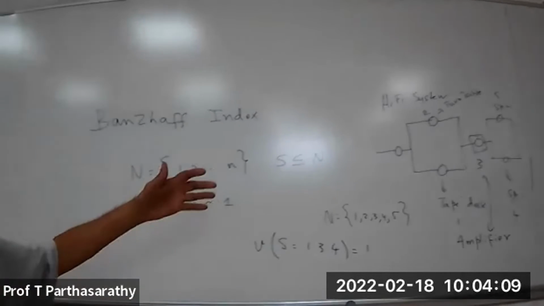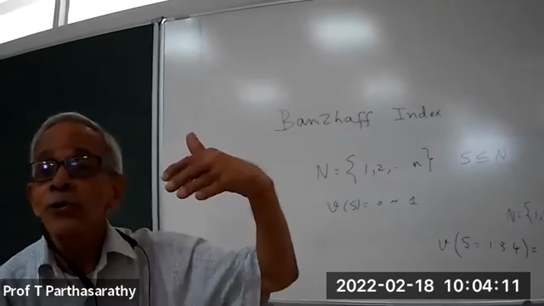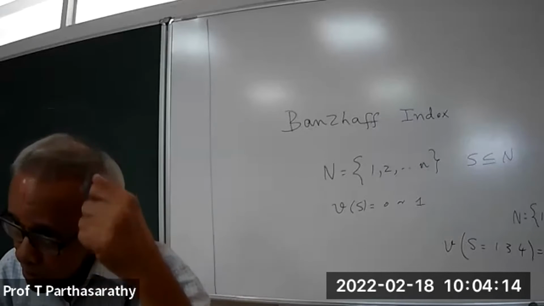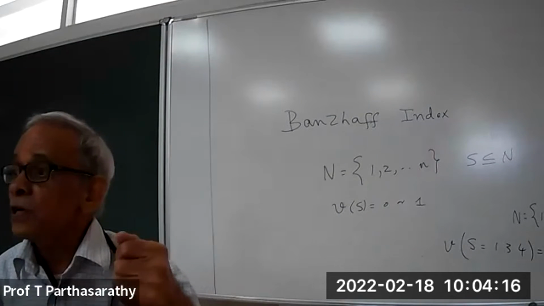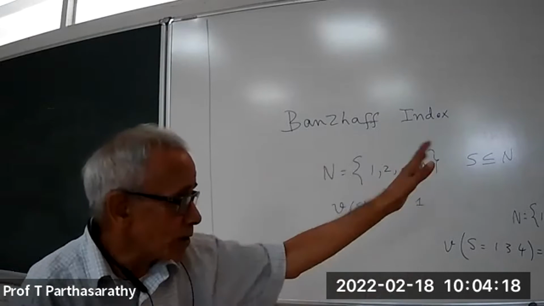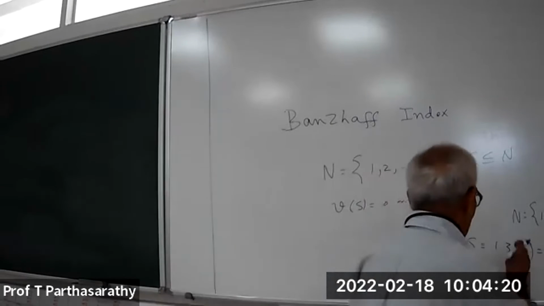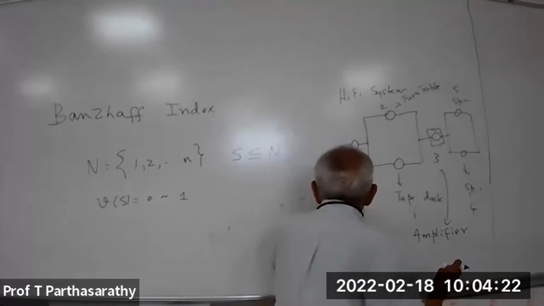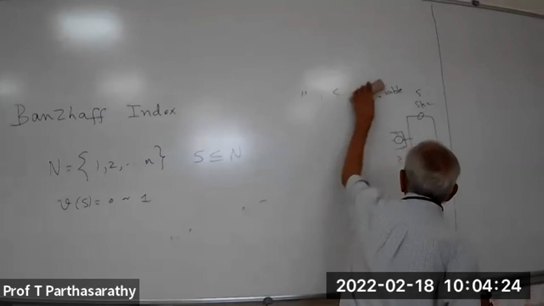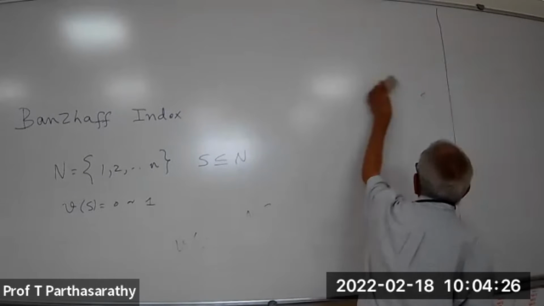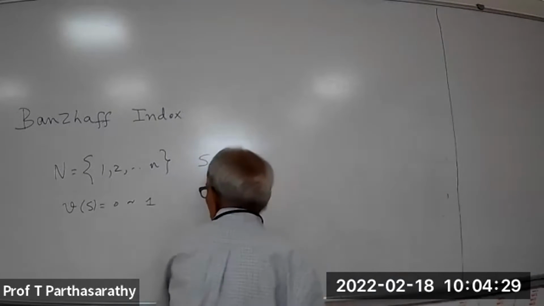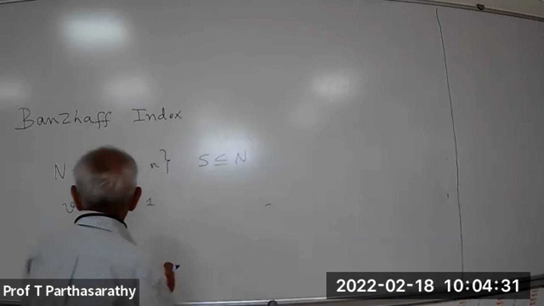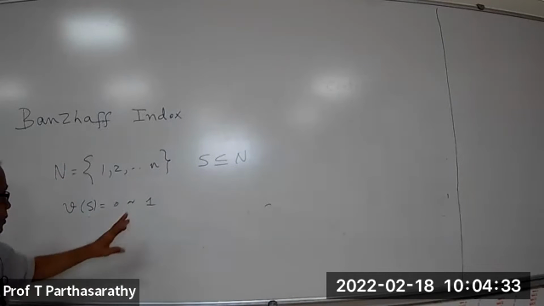For such a system, I want to compute the power of each component. Here there are 5 of them. I will do it in general, but you can keep this in mind. So I have a simple game where V of S is either 0 or 1.